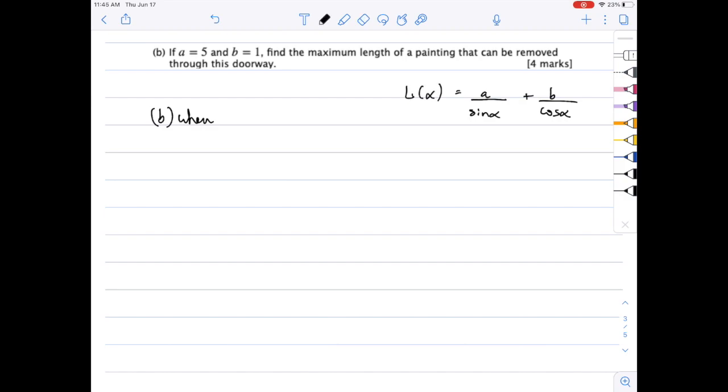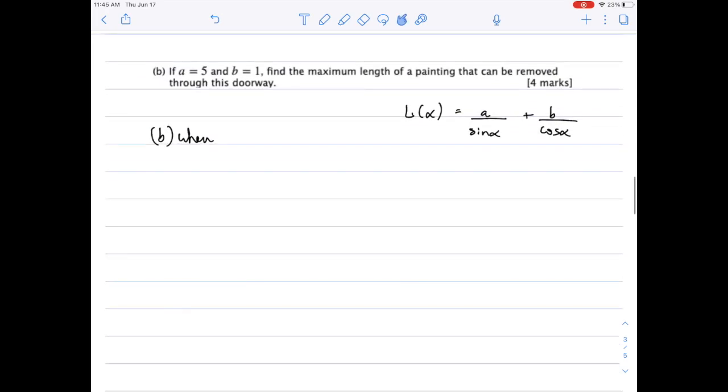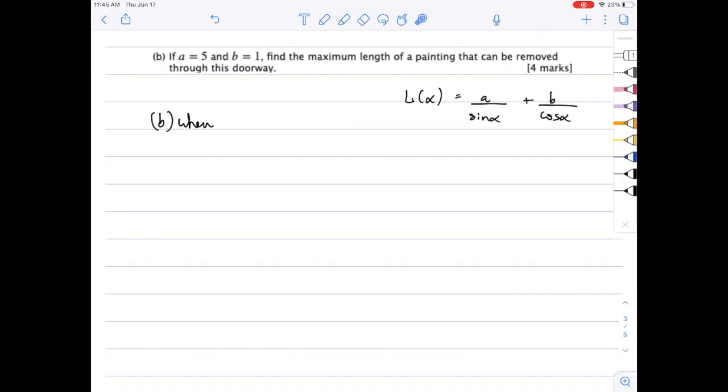A and B here are just constants, so don't get confused here. They just represent the width of the art gallery or the width of the corridor, but those widths are constant. You're not varying those. All you're varying is the angle, and then the length changes as you vary the angle.